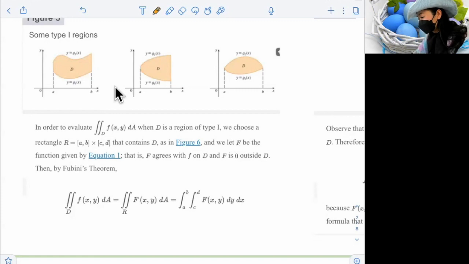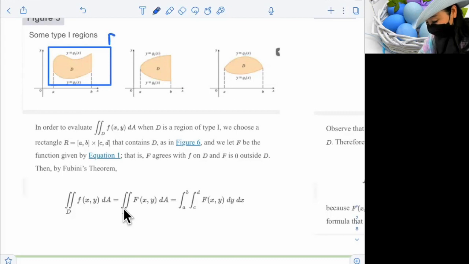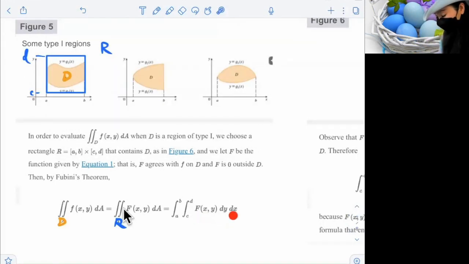We let the big F function equal the small f function over this region. But outside this region, inside the rectangle, we make the big F function value 0. Then the big F function agrees with the small f function on this region. And for the double integral of the big F function over the rectangle, that is the R we talk about, and this D over here is this region D.